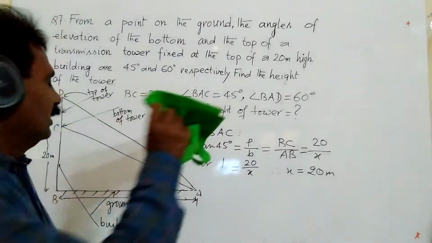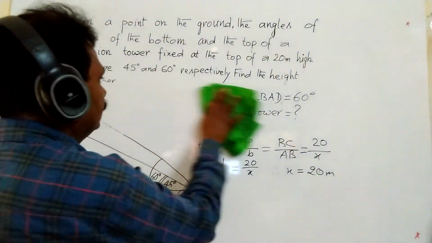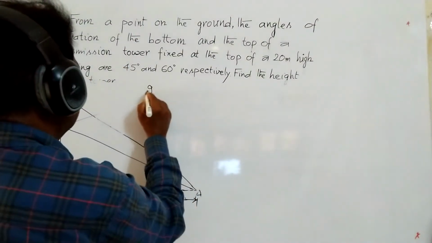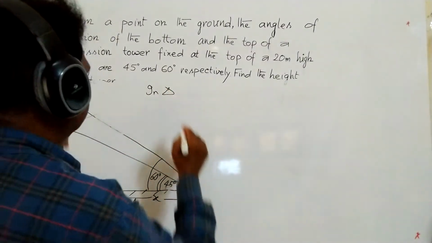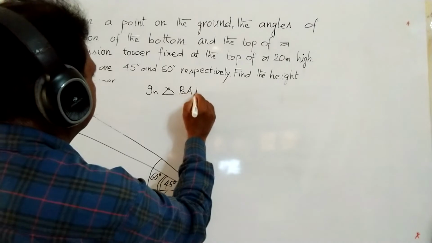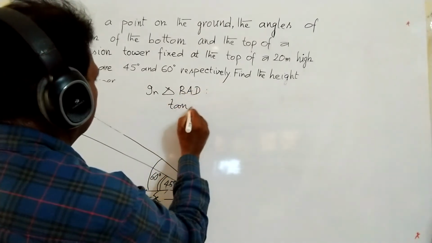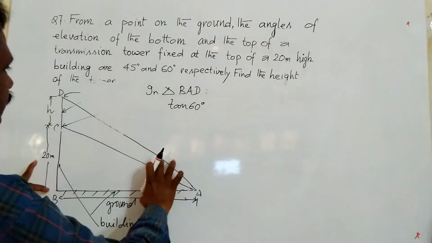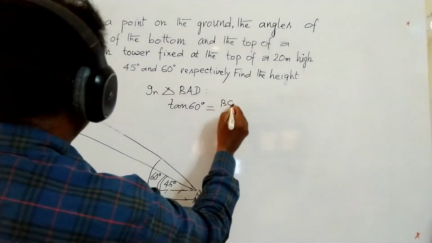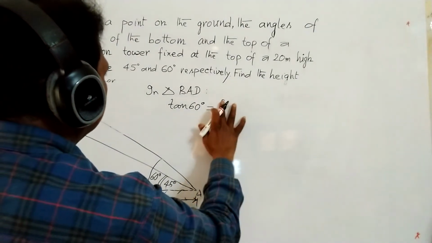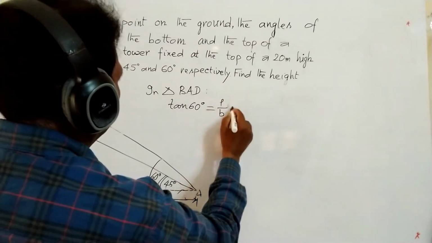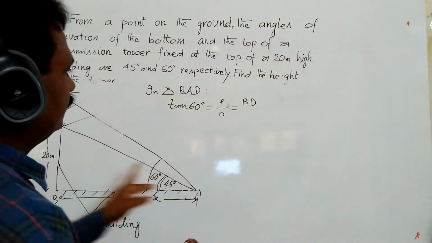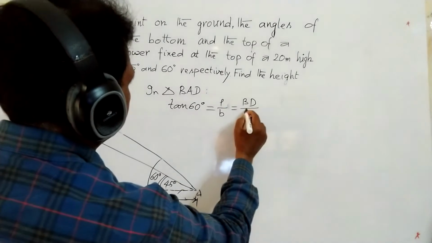Now let us take the case in right angle triangle BAD. tan 60, for this angle, is P by B, where P is BD and the base is AB.